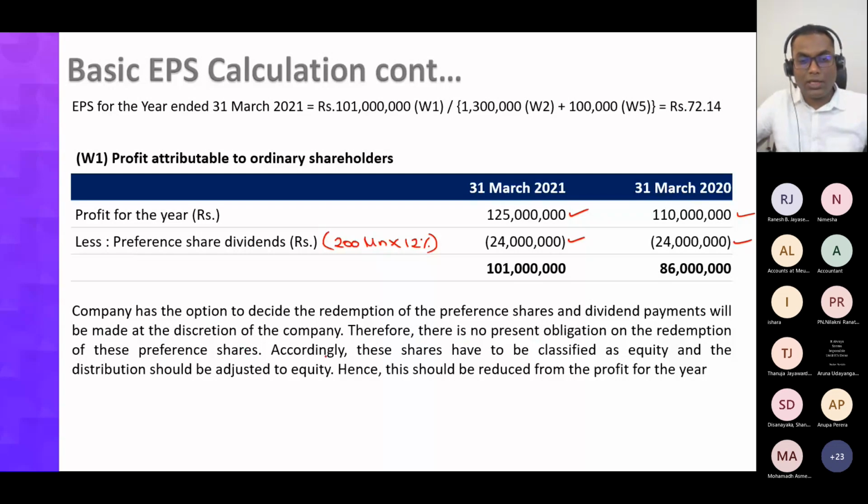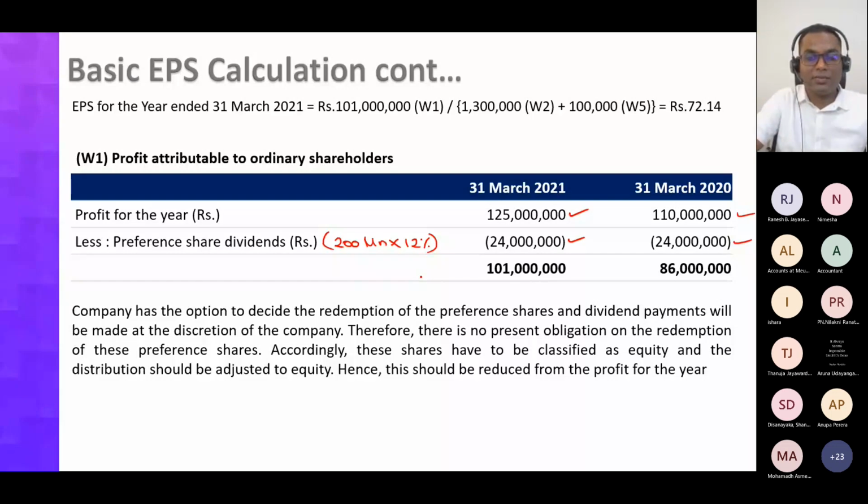Accordingly, these shares have to be classified as equity and the distribution should be adjusted in equity. Dividend payment is shown in the statement of changes in equity in the retained earnings column. Hence, this should be reduced from the profit for the year when calculating the profit attributable to ordinary shareholders. Are we clear? Right, that is done.